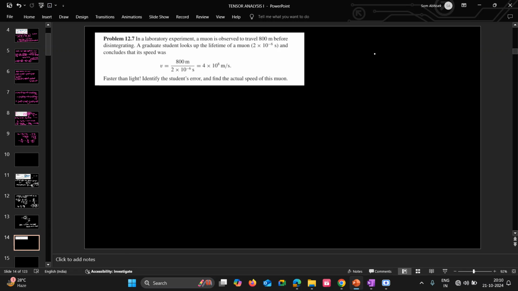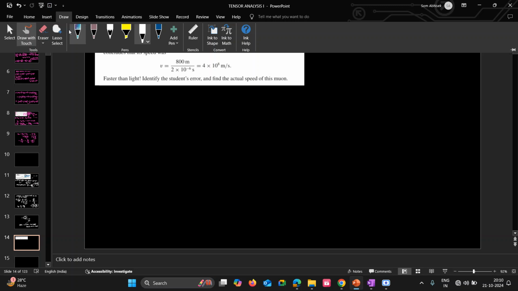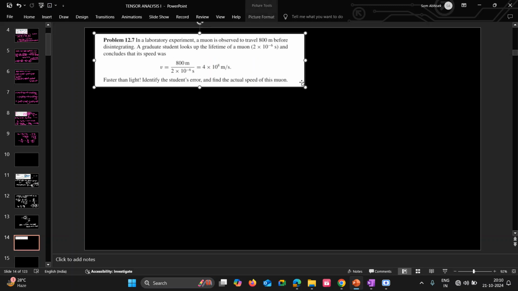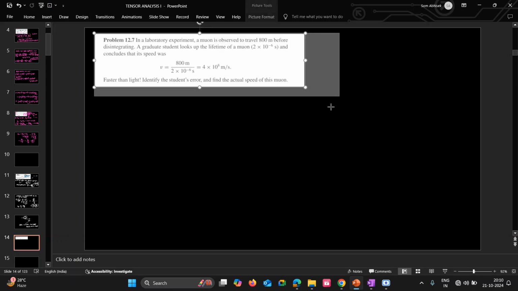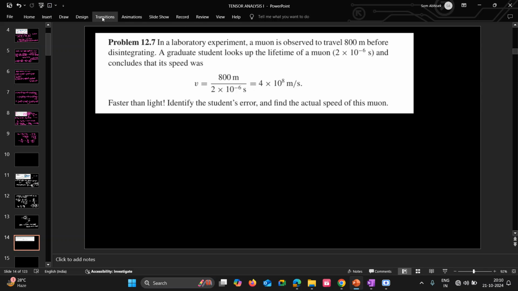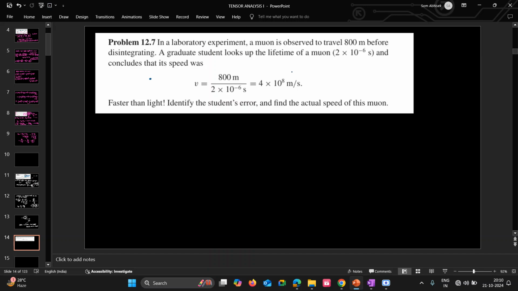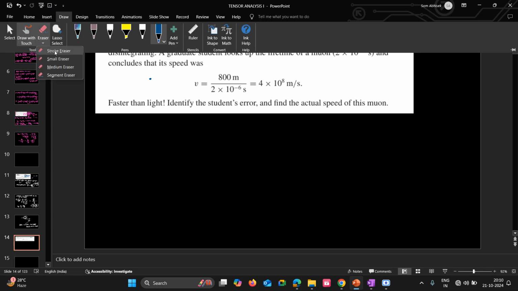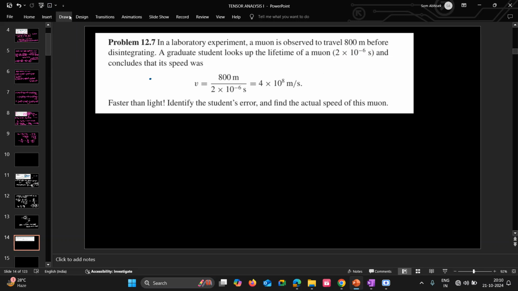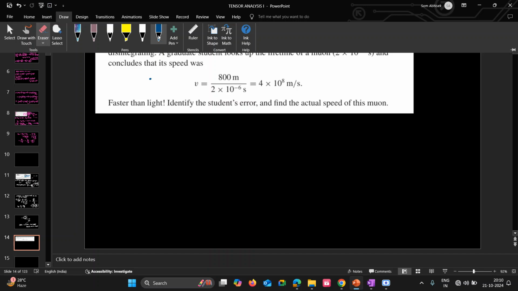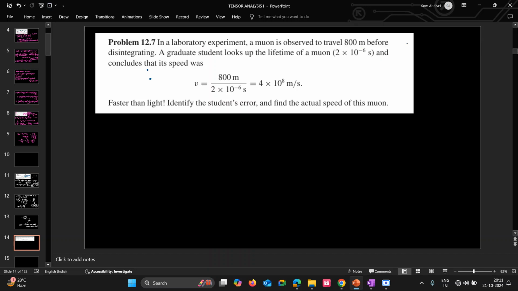See, a laboratory experiment, I will zoom it for you. A muon is observed to travel 800 meters before disintegrating.